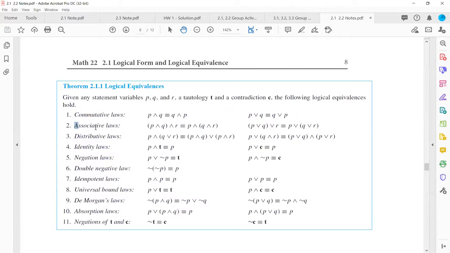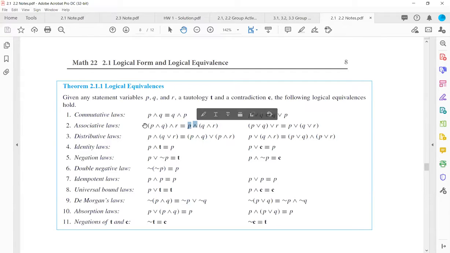The next law is called associative laws. It says the combination of P and Q and R is the same as the combination of P and Q and R. So it doesn't matter if you combine P and Q first, then combine the value with R using and, or first find the value for Q and R, then combine it with P using and.